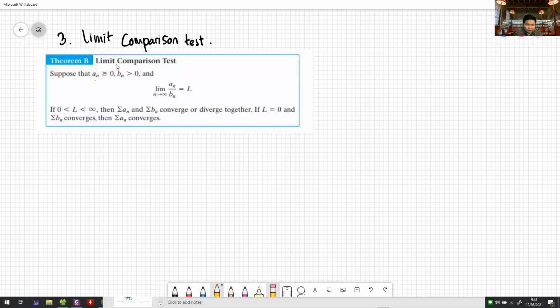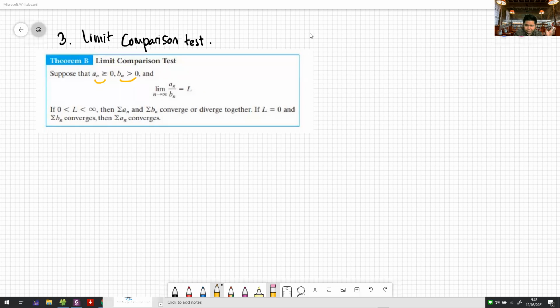Suppose an are positive, and bn is also a positive series. What we are trying to do is to compare the limit of the ratio of an and bn.